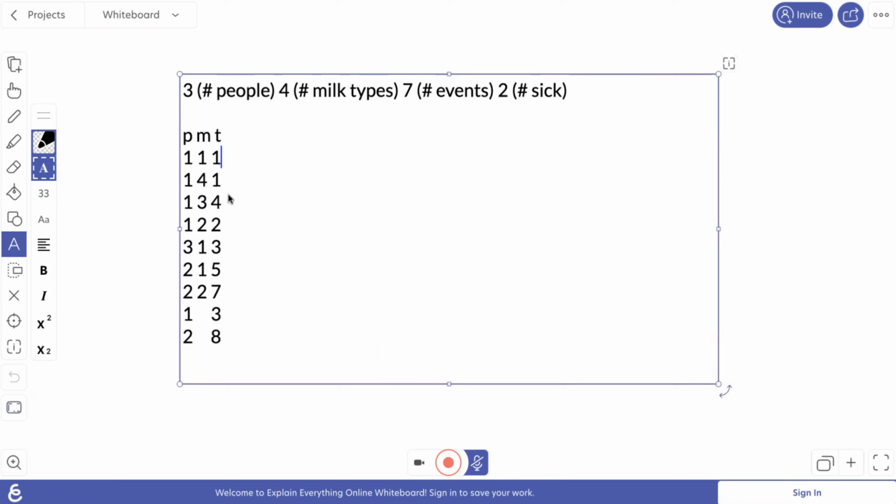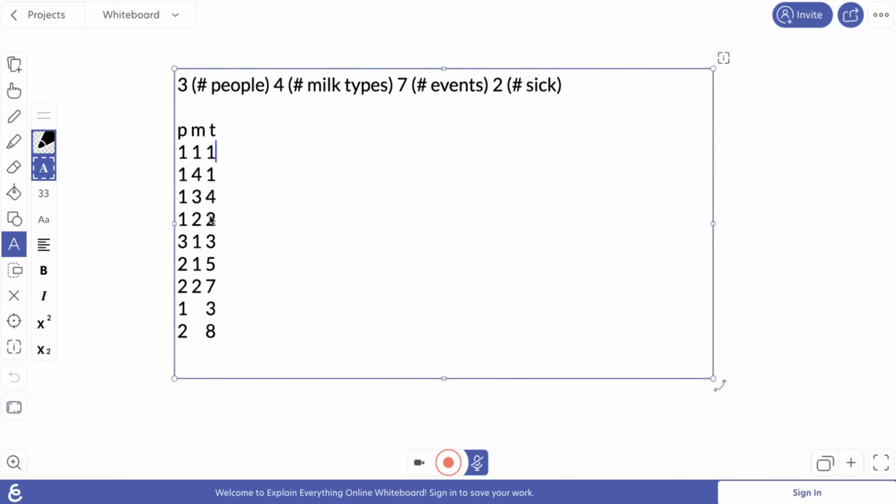So after putting these triplets into an array, we can sort them by their time. And if their times are the same, then we can also sort them by milk or person, which doesn't really matter.